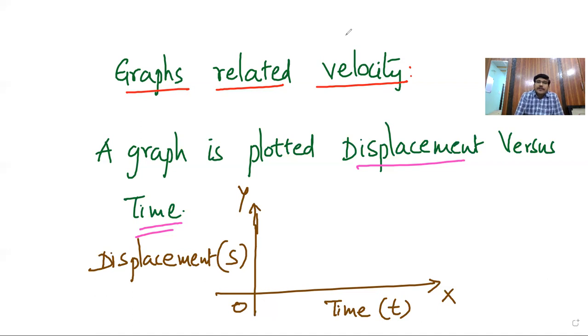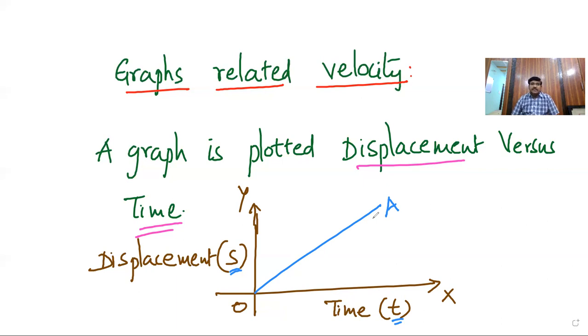Let us say I have plotted a line OA with the available data of displacement and time. That means we obtain a displacement versus time graph OA.